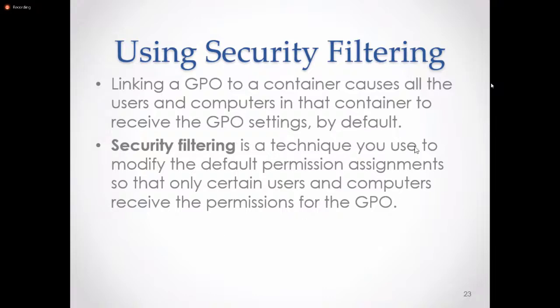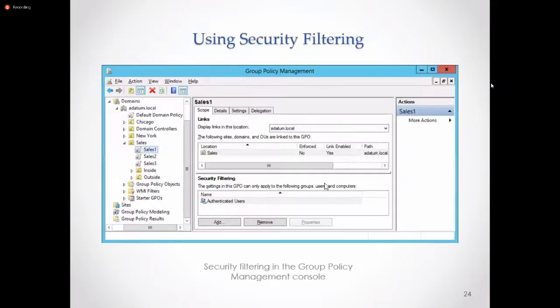Security filtering is used to modify the default permission so that only certain users and computers receive the permissions for the GPO. So you can customize. Here you have selected one GPO, then you can select that this group policy will apply to the following groups or users.